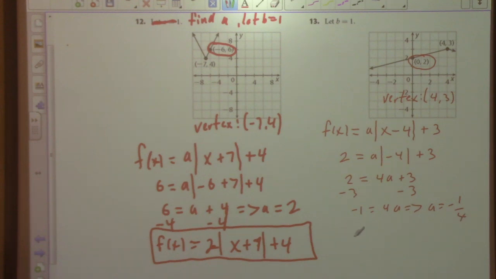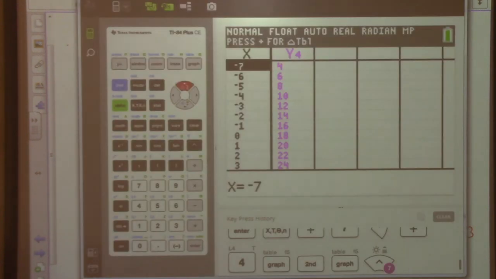So our equation, if it's right, should be f of x equals negative 1/4 times the absolute value of x minus 4, plus 3. And the last thing we can do is check. Is that what you had so far, Jose?